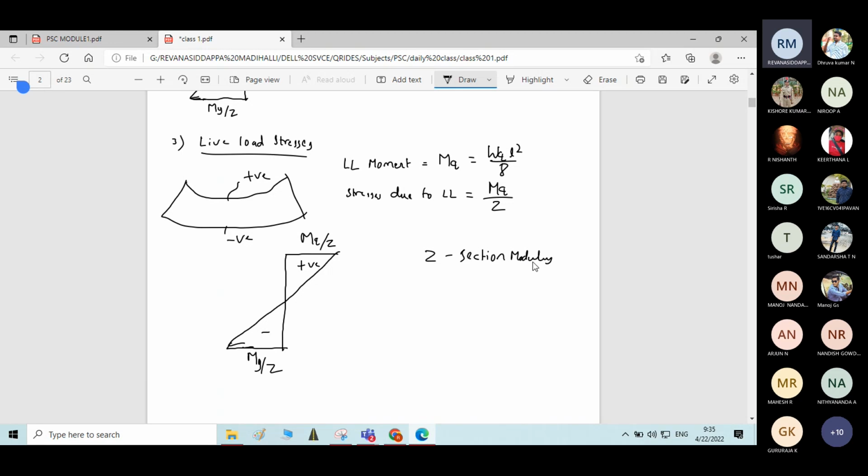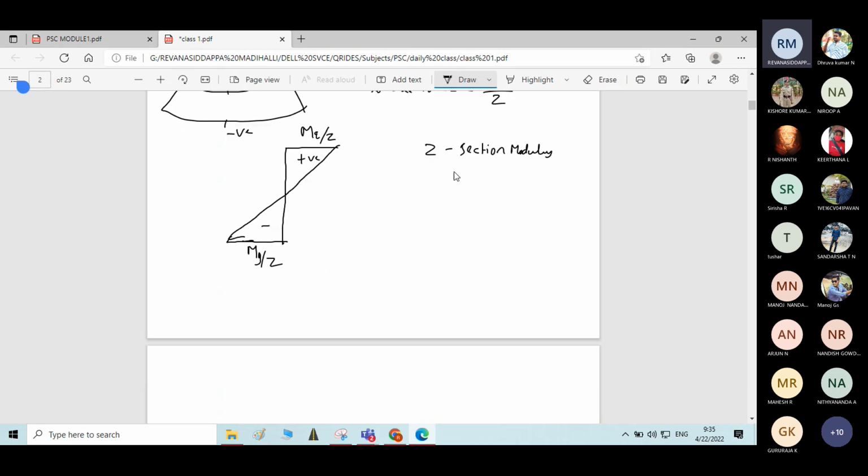See, with respect to this section modulus value, if the figure is symmetric about the x-axis, meaning if the x-axis divides the figure into two equal parts, the section modulus will be the same at both the top fiber and the bottom fiber.